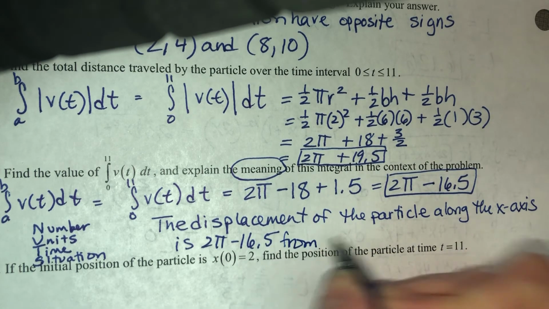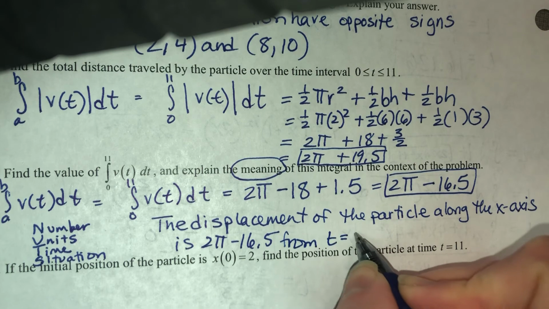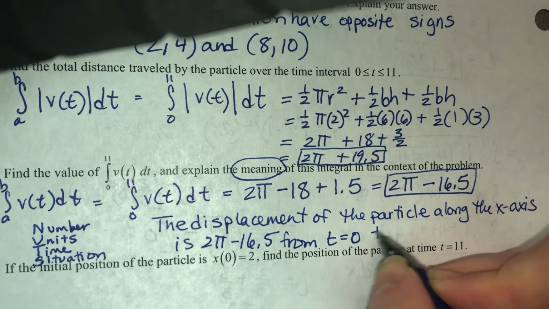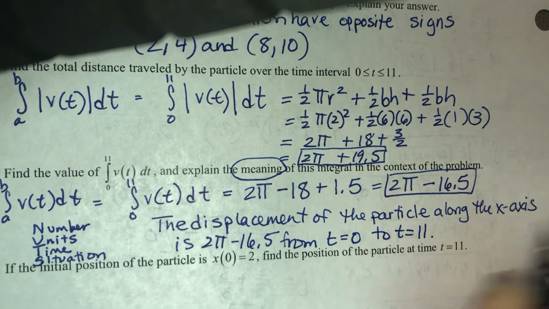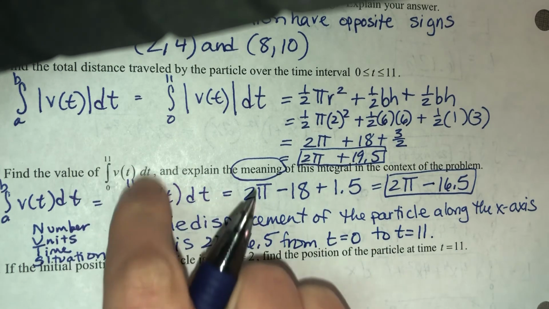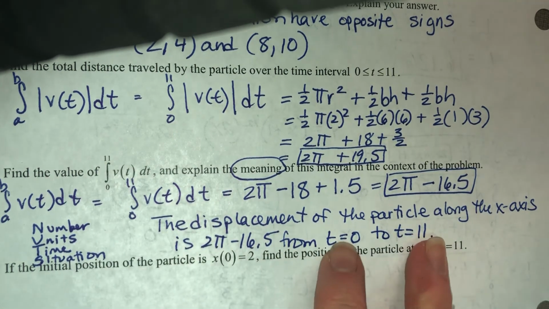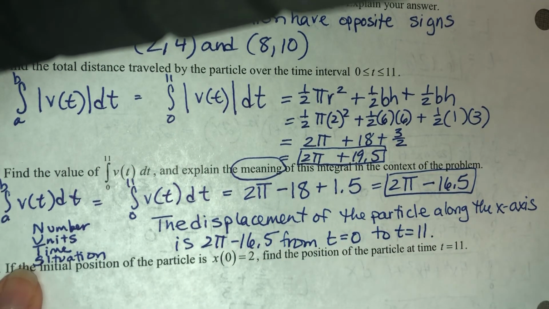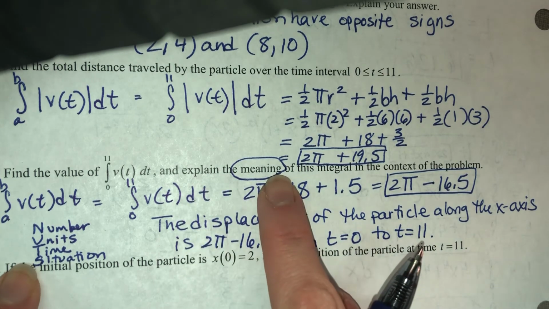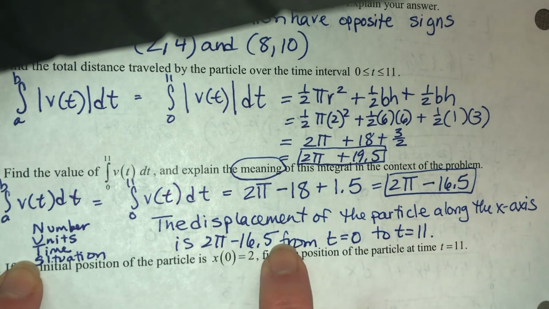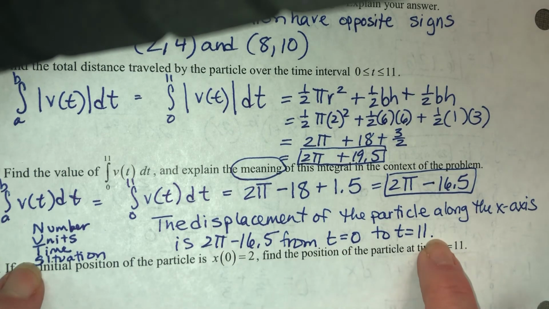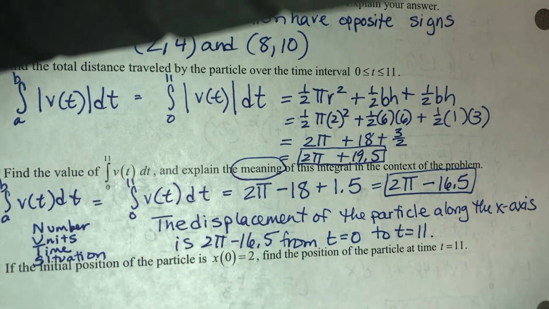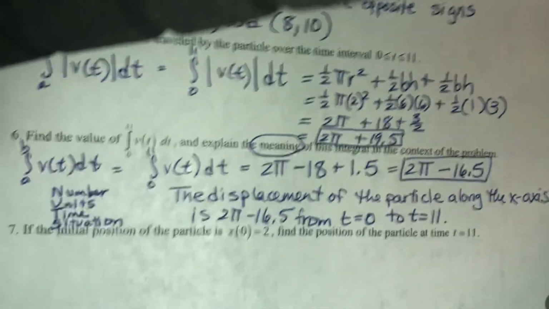From t equals 0 to t equals 11. This is super important. These limits of integration are the times, and they need to be included in your explanation of meaning. So I've got the number that the answer is. They didn't give me units, so I don't need that. I have the time, and I have the situation, all referenced in my explanation.